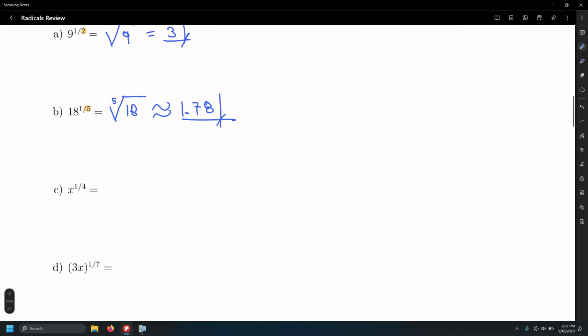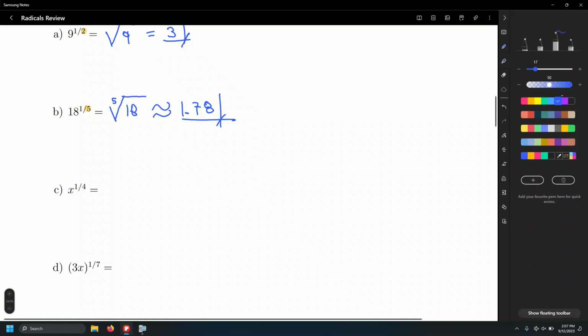Okay, let's work with variables here. Again, the denominator of the rational exponent will be the index of the radical, and that'll be the fourth root of x. And lastly, be careful here when we have 3x raised to the 1/7, a product between a variable and a number.